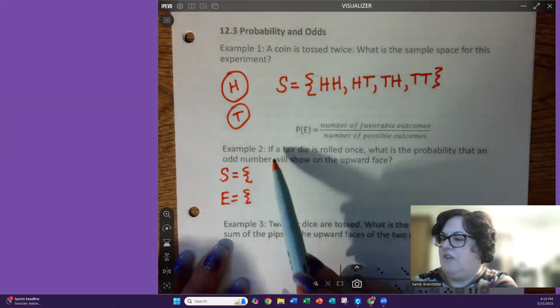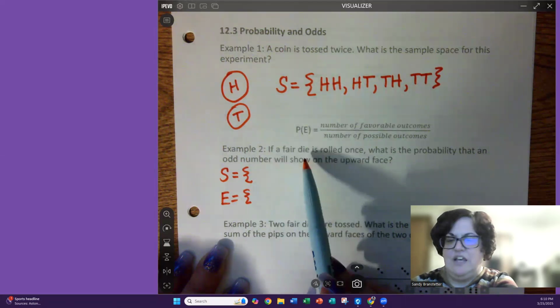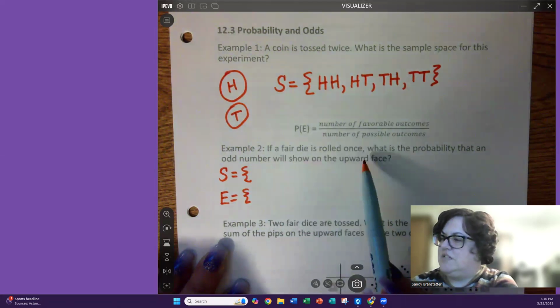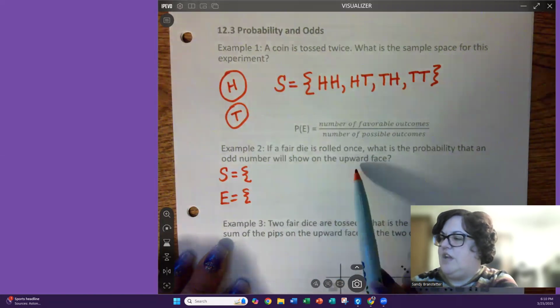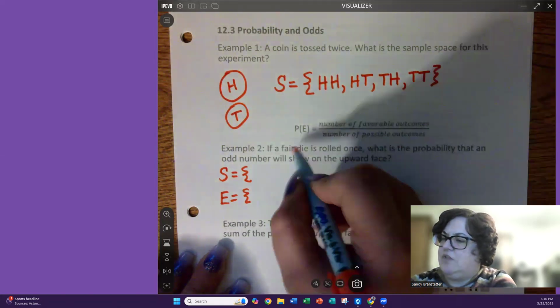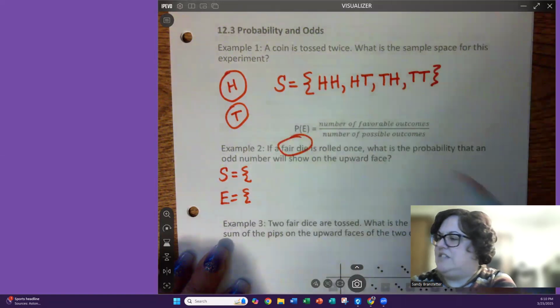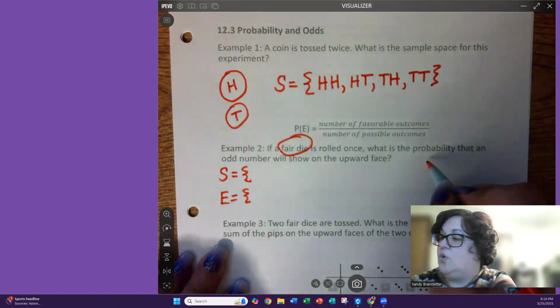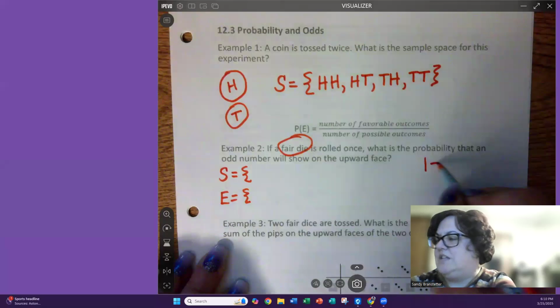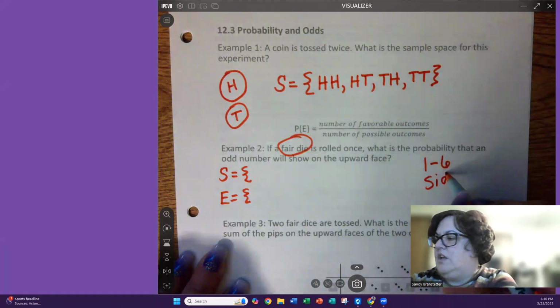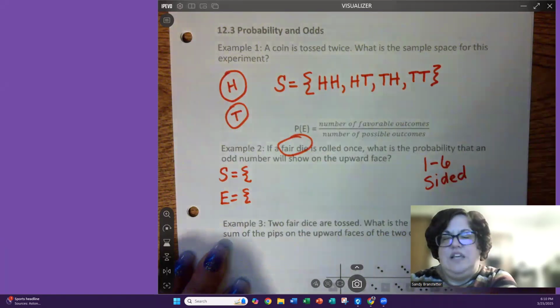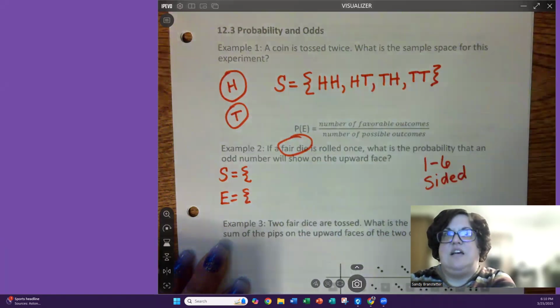So we're having a fair die. It is rolled once. What is the probability that an odd number will show up on the upward face? So again, remember, anytime we talk about a dice, or a number cube, we assume it is a 6-sided die. And only if it says 8-sided, 10-sided, etc., will there be a difference.